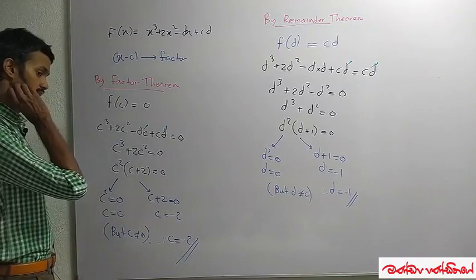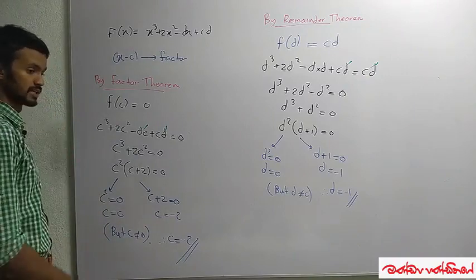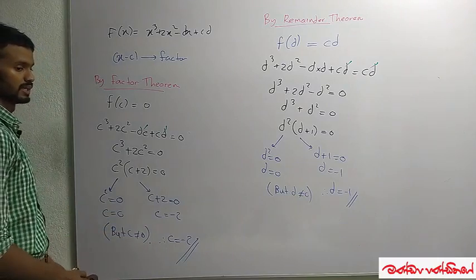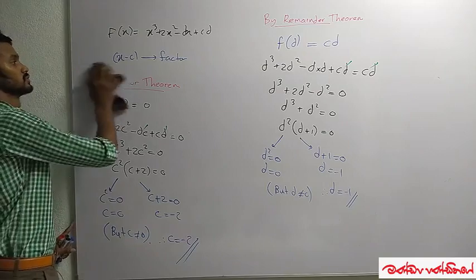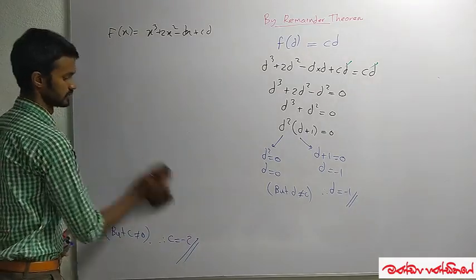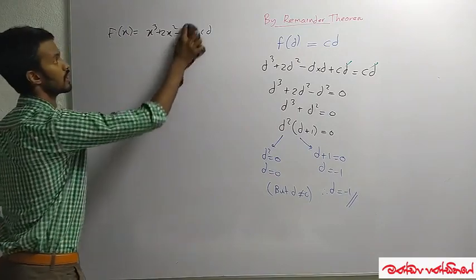And they are asking, for c = −2 and d = −1, find the remainder when f(x) is divided by (x + 2)².